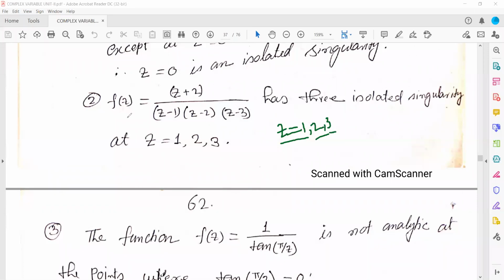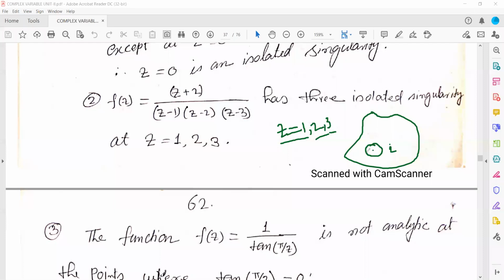So this function f(z) has three singularities. And all these singularities are isolated, because at z equal to 1, if you draw a small circle, z equal to 2 will not come within that region. If this is the region, say z equal to 1 here, if you draw a small circle here, the point z equal to 2 will not come within it, because this circle is very, very small.